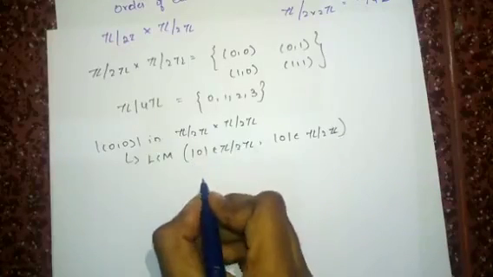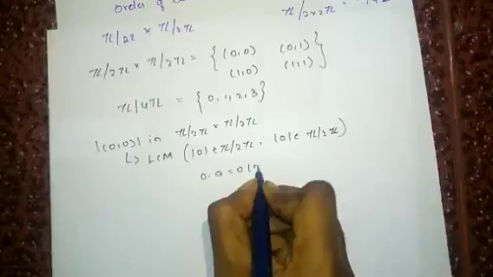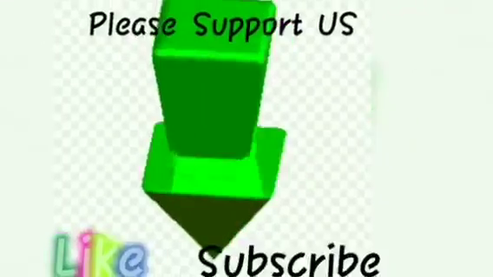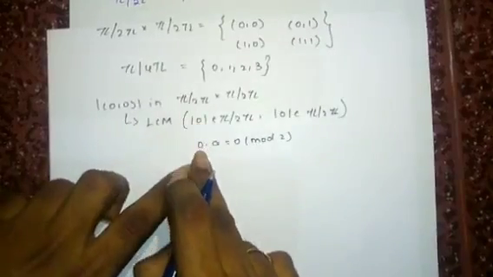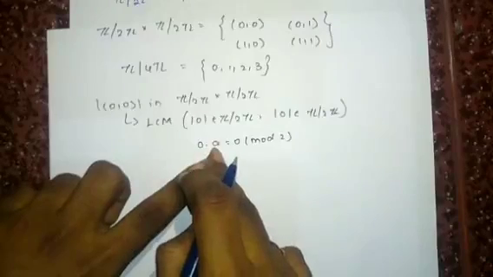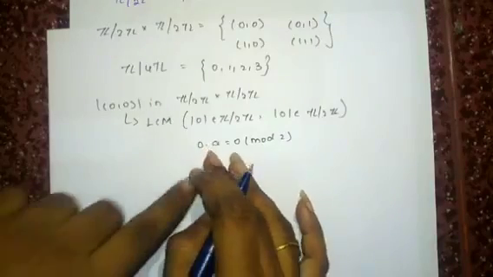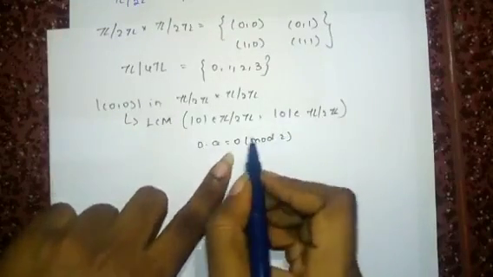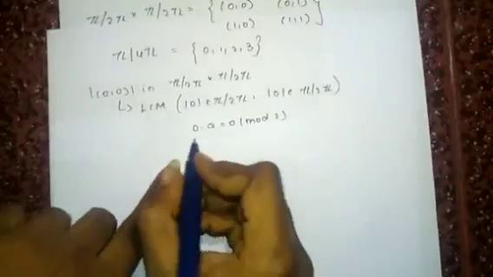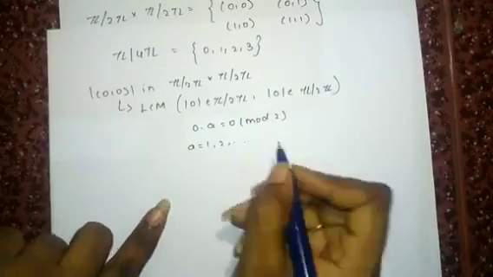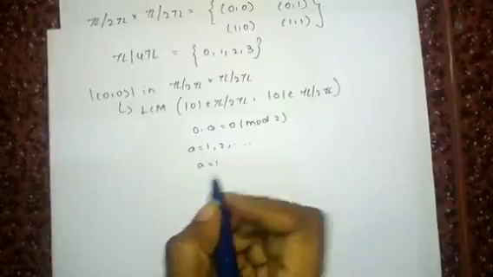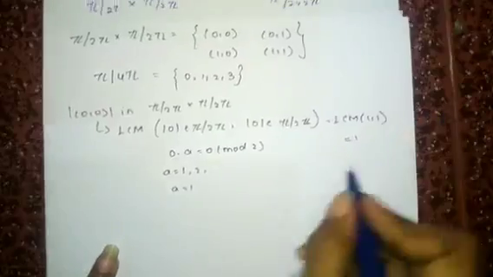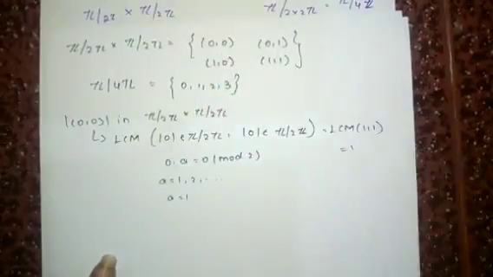To find the order of 0, 0 into a equals 0 mod 2. That is, I multiply 0 with a such that when I divide that product by 2, I get the remainder 0. I can take 1, 2, whatever I want, but I will take the least one, a to be 1. So it is the LCM of 1, 1, which is 1. So the order of (0,0) is 1.